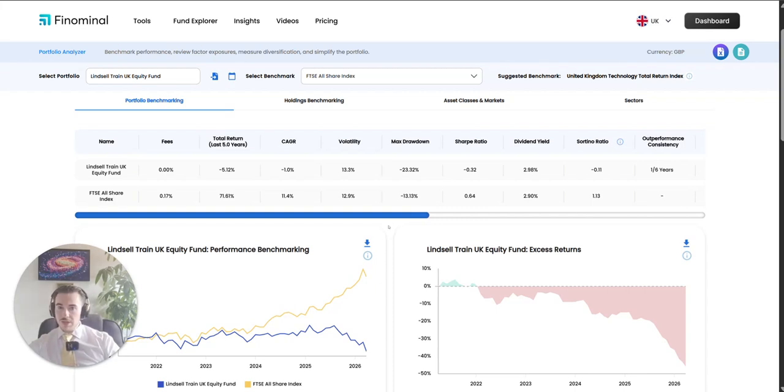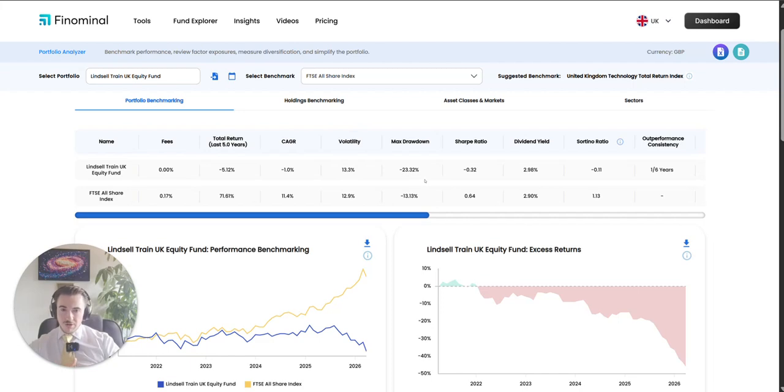We can see total return is negative, -5.12% over the last 5 years versus the FTSE All Share's return of 71.61%. CAGR has been negative at -1% versus the All Share at 11.4%. Slightly higher volatility at 13.3% versus 12.9%.